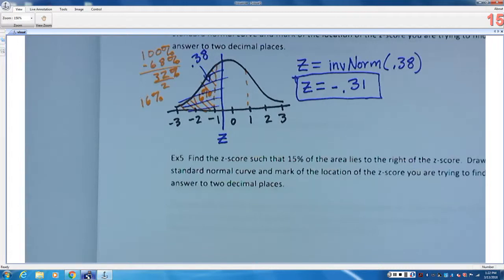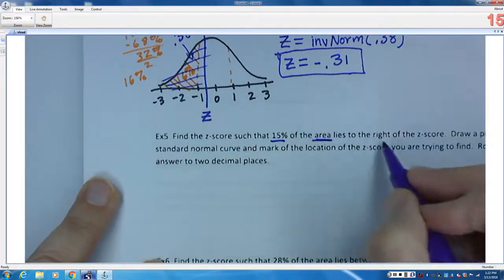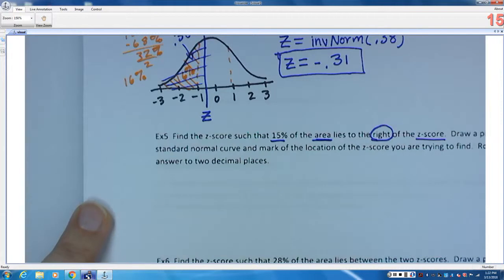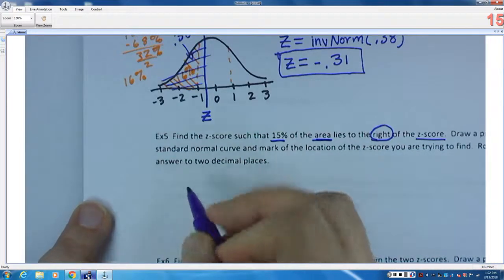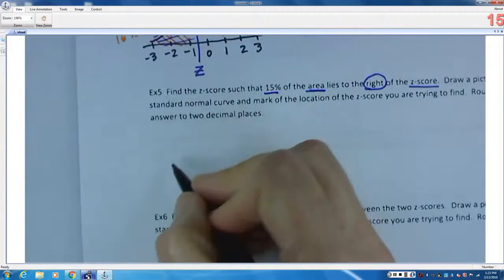So, the next one, let's find the z-score such that 15% of the area lies to the right of the z-score. Okay, so we draw our picture, and you're required to draw the picture, unless it's already drawn for you, as part of your grade on the assignment.